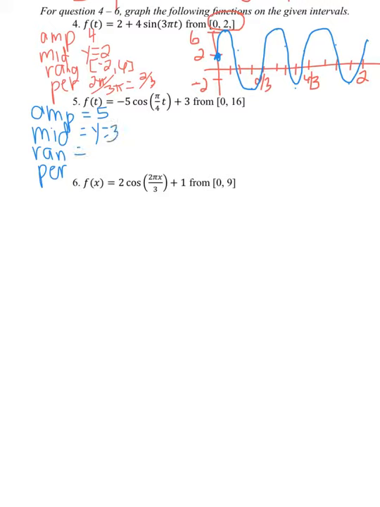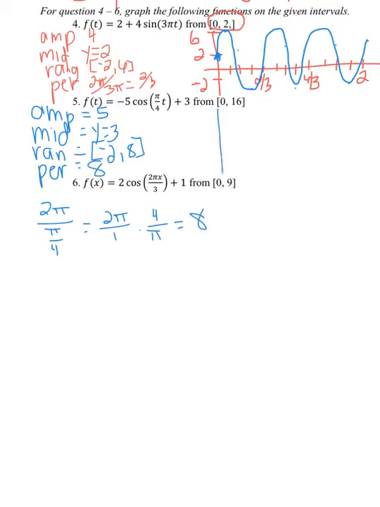So the range, I go from -2 up until 8. And then the period is 2 pi, I'm going to do this down here, 2 pi divided by pi over 4. When I clean that up, 2 pi over 1 times 4 over pi, I end up with 8. So the period is 8 for number 5.